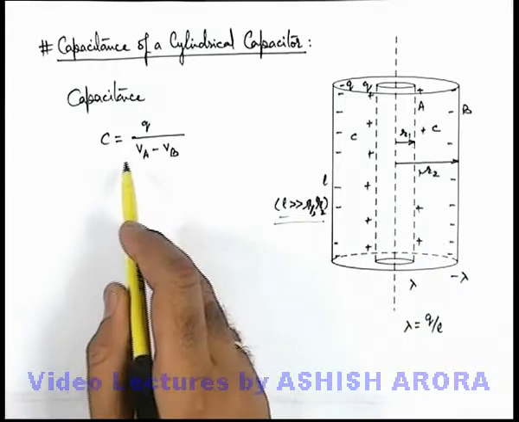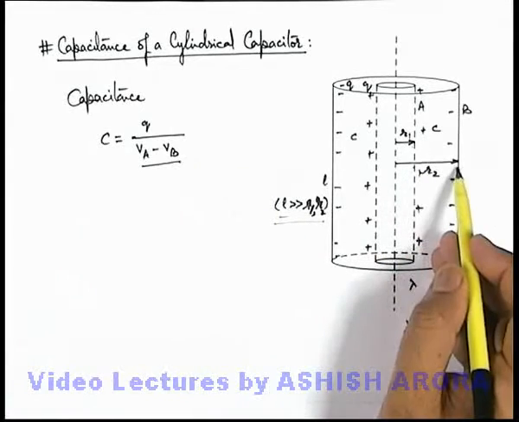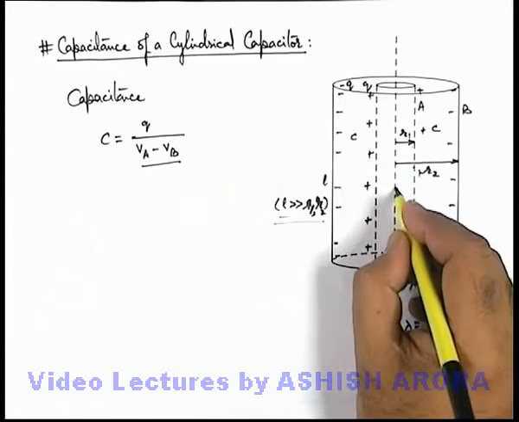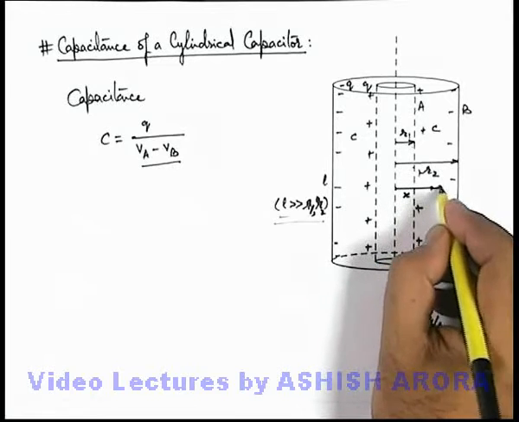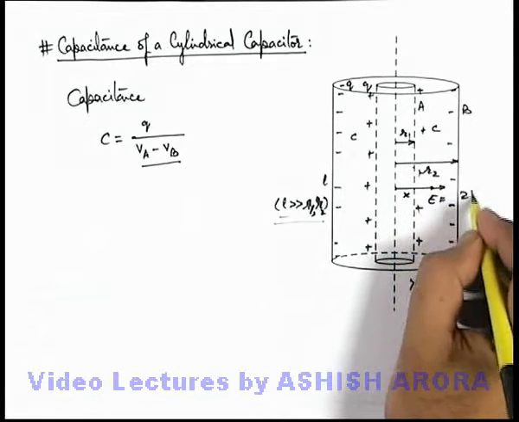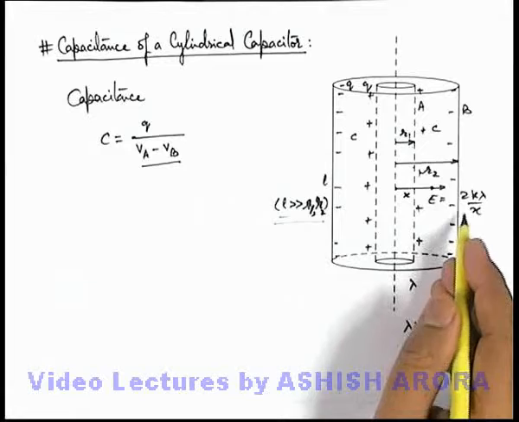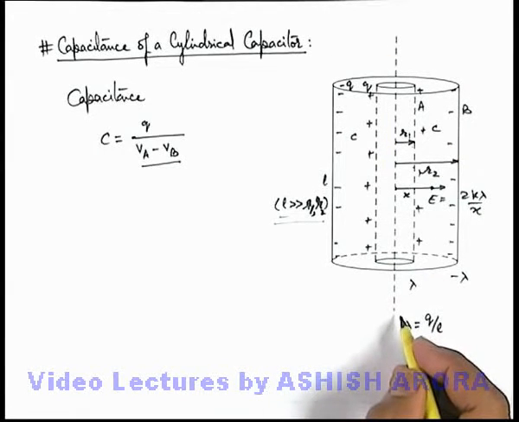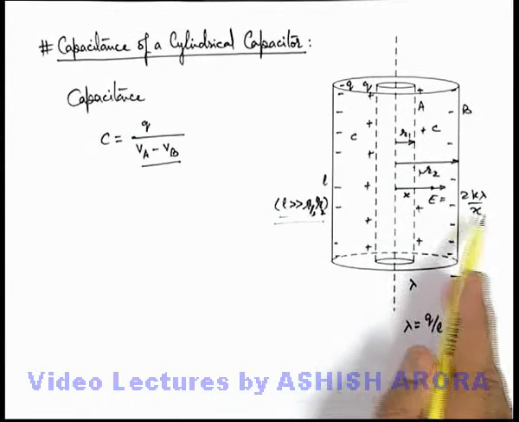Now, if we wish to find this potential difference between the two shells, we know that from the axis at a distance x, electric field can be given as 2k lambda by x, that is that of a uniformly charged long wire.